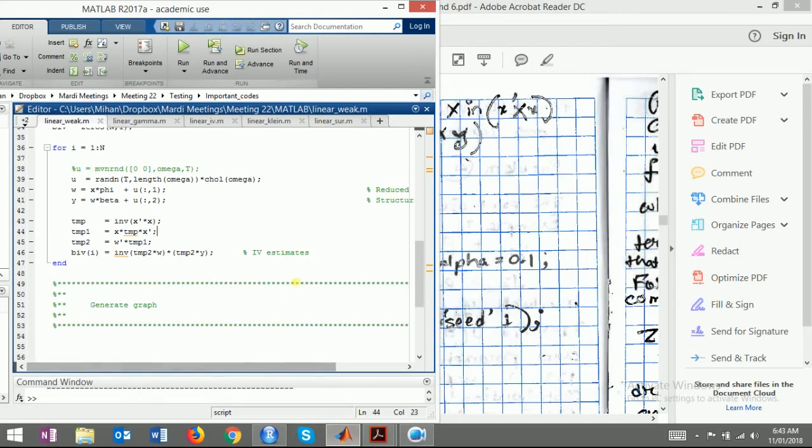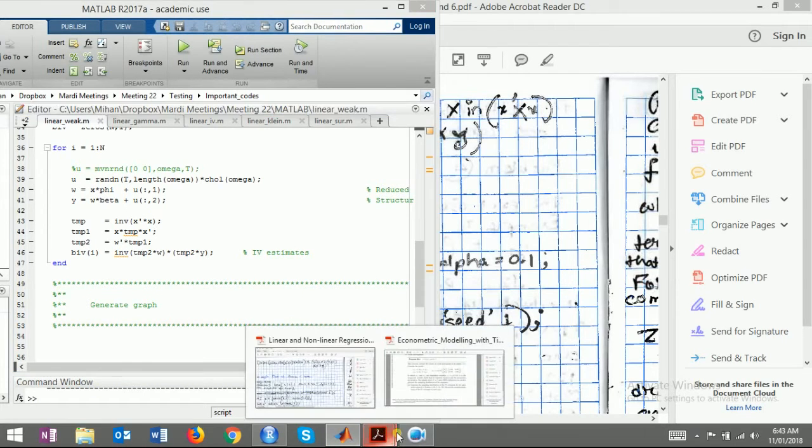That's all. That is your IV estimate, easily done.